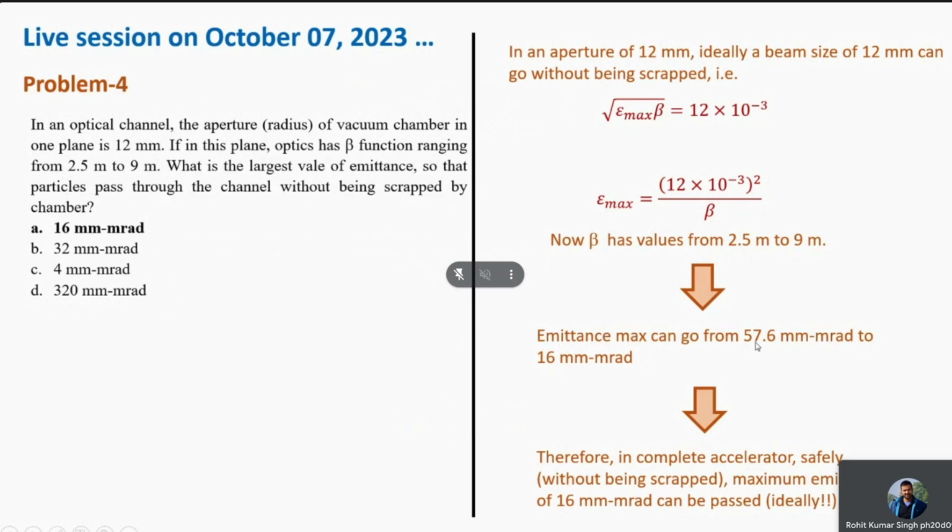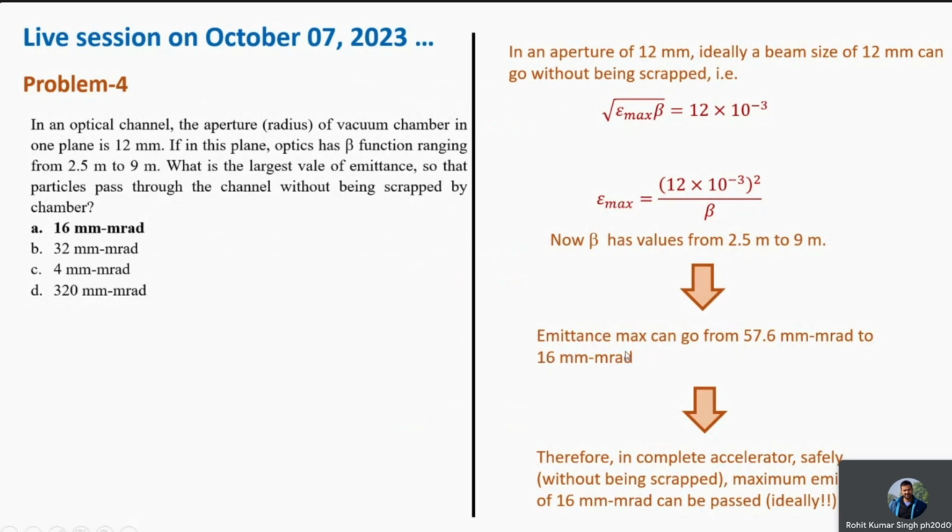Suppose you choose this 57.6 millimeter milliradian, but at a certain point, say S equal to S1, where beta is high, only 16 millimeter milliradian emittance can pass. So when the 57.6 millimeter milliradian emittance passes through that narrow point, it will be scraped. Particles will be scraped from this beam.